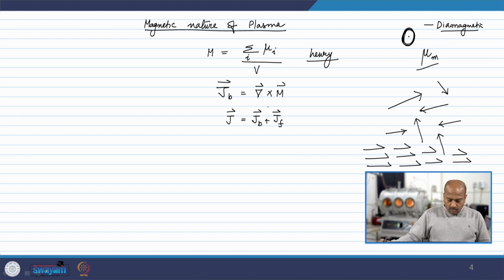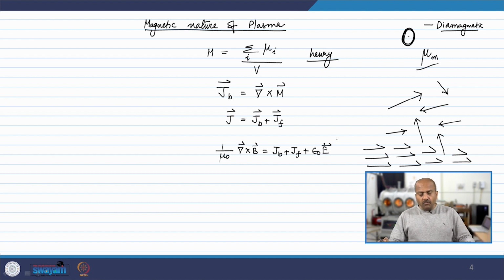Okay. So, we can rewrite the Maxwell equation as 1 by mu naught del cross B is Jb plus Jf plus epsilon naught E dot.